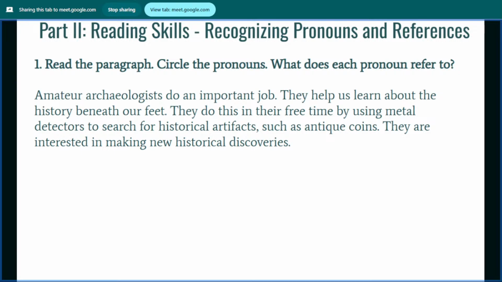This? It refers to archaeologists helping us learn about the history beneath our feet. And then there is their, it refers to amateur archaeologists, and in the last line there is they, again referring to amateur archaeologists. Okay, clear?